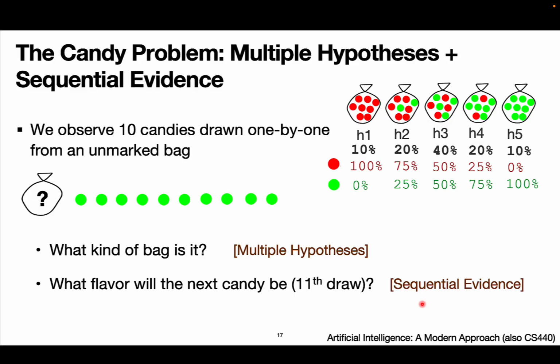What kind of bag is it? This touches on multiple hypotheses because we have 5 bags and 5 hypotheses. And then, what flavor will be the next candy, which is the 11th draw? Given that x1, x2, x3, x4, and so on, all equal lime, based on what we have seen so far, what is going to be our posterior probability about the type of the next candy?